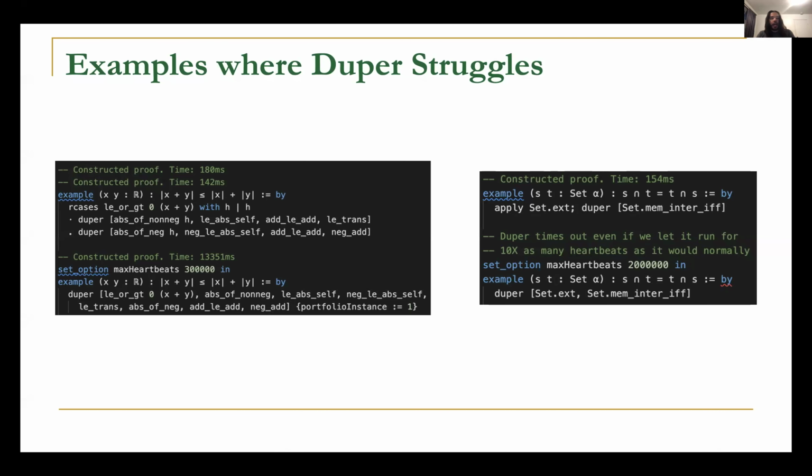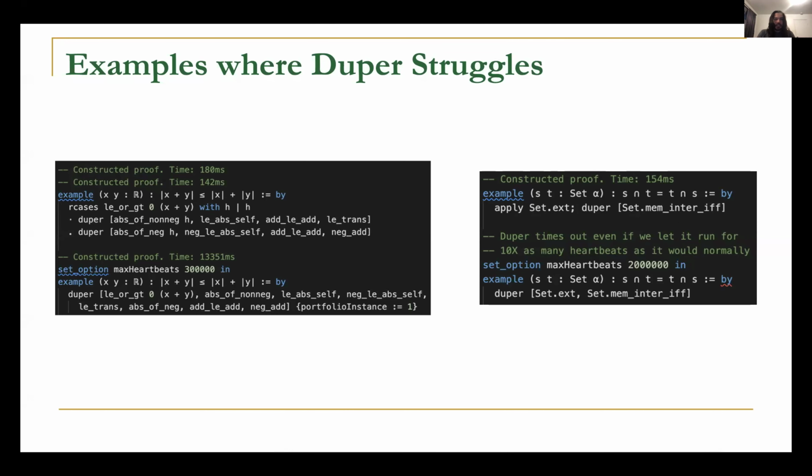So the takeaway is that Duper tends to do a lot better when it's able to prove the goal with just a small number of facts or lemmas. When the number of lemmas Duper has to deal with becomes too large, Duper can significantly slow down.